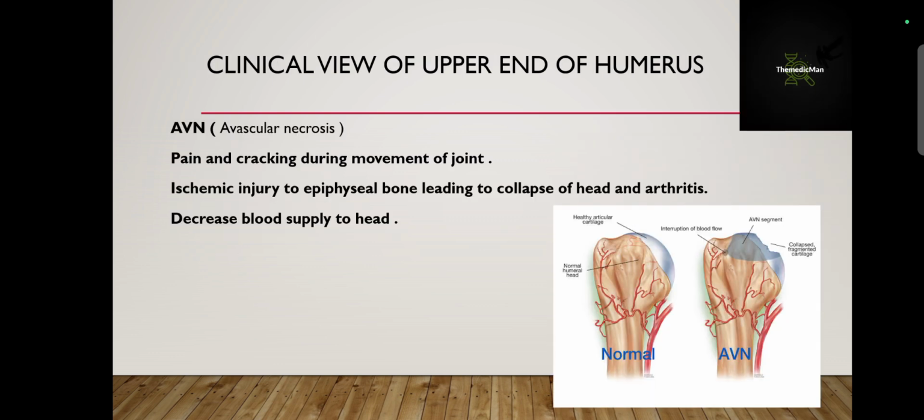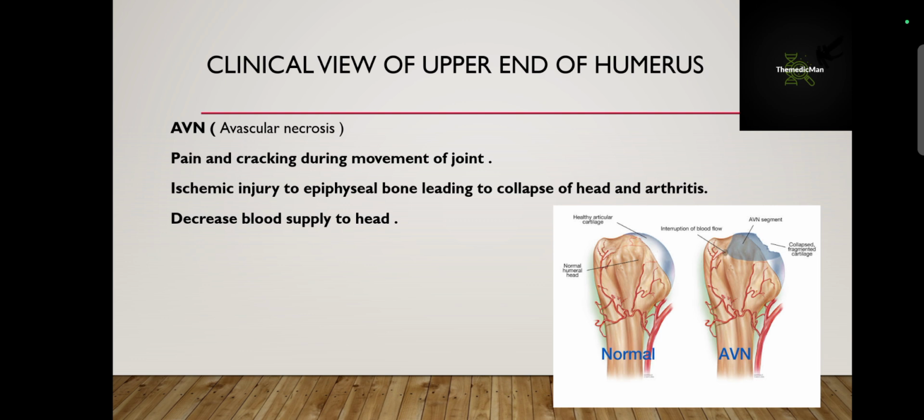Next, the clinical view. In the clinical view of the upper end, there are chances of fracture, or there is a chance of avascular necrosis. Avascular necrosis is an ischemic injury to the epiphyseal bone, leading to collapse of the head and arthritis, which can be seen in the picture.